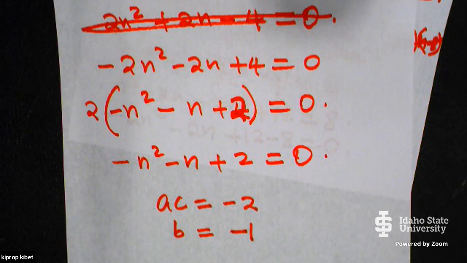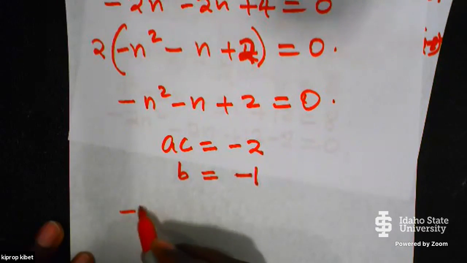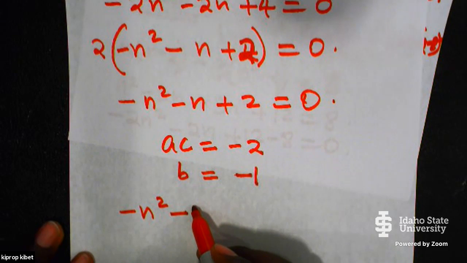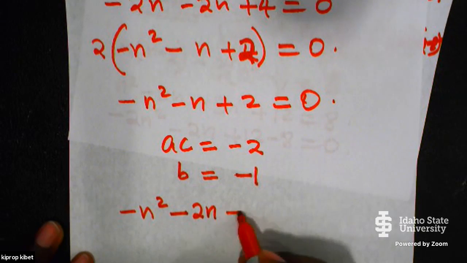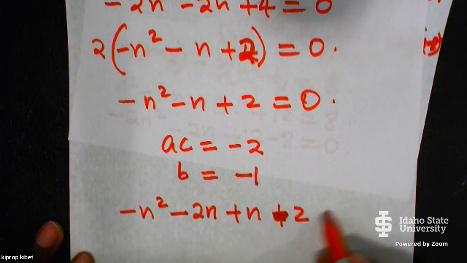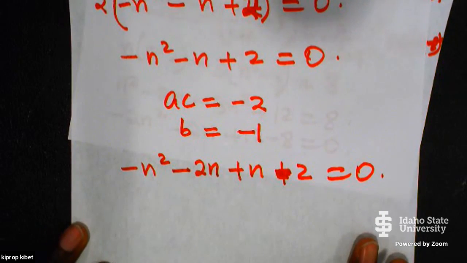So negative 2 and positive 1. So we have minus n square minus 2n plus n plus 2 equals to 0.